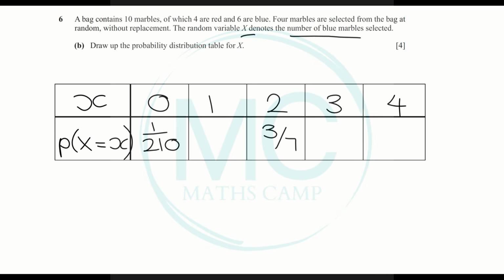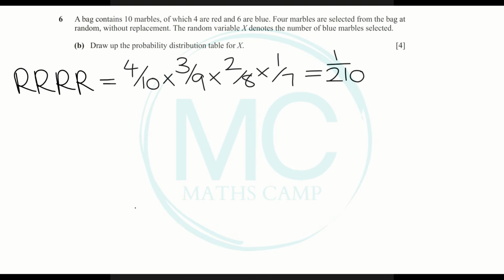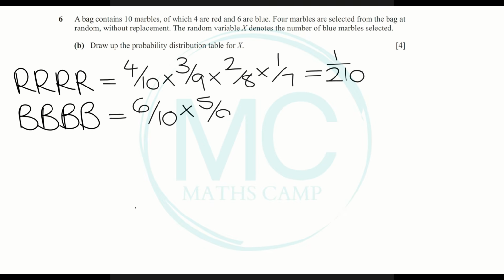So now that we've looked at no blue marbles, let's consider that all 4 marbles are blue. So if all 4 marbles are blue, with blue marble first, and second, and third, and fourth, we have 6 blue marbles out of 10. So we have 6 out of 10, and 5 out of 9, and 4 out of 8, and 3 out of 7.